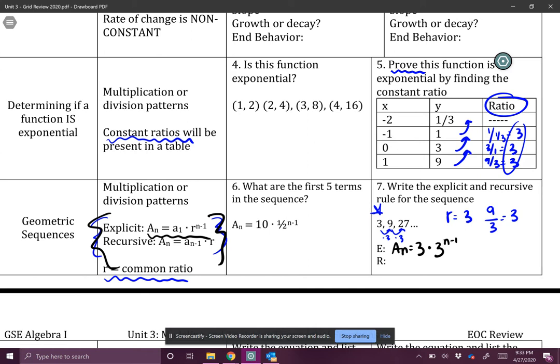You can always test to see if you're correct. Let's take this. The second term is a 9. So 2 minus 1 is 1. 3 to the first is 3. 3 times 3 is 9. You can always check to see if you're right.